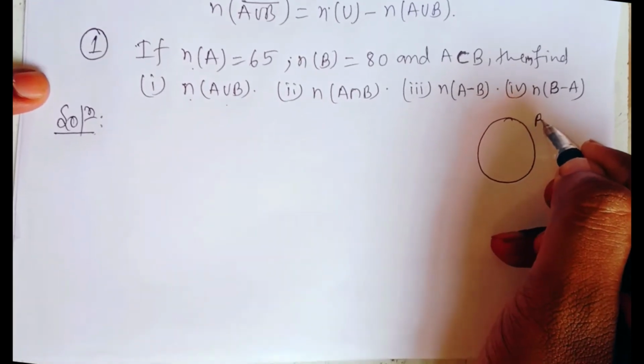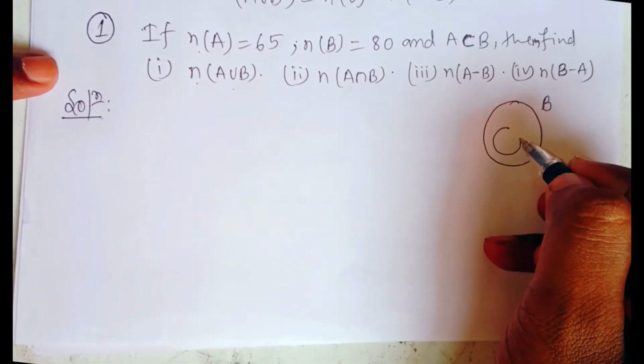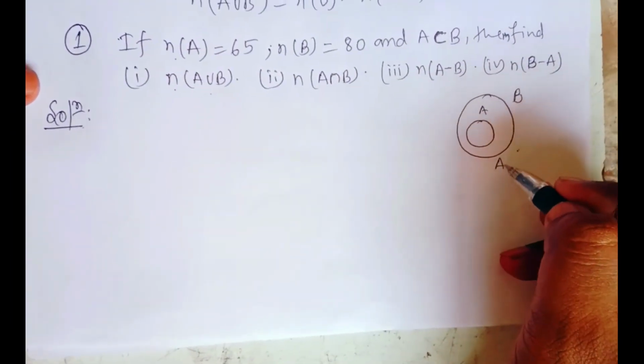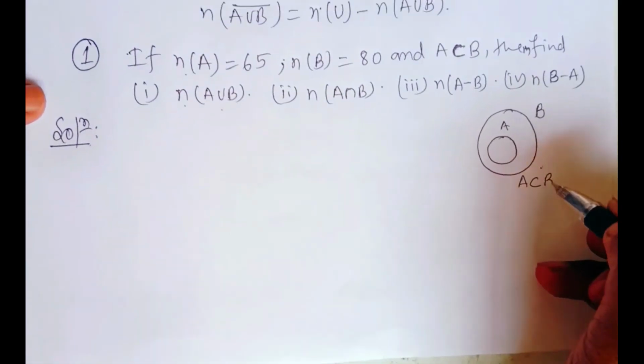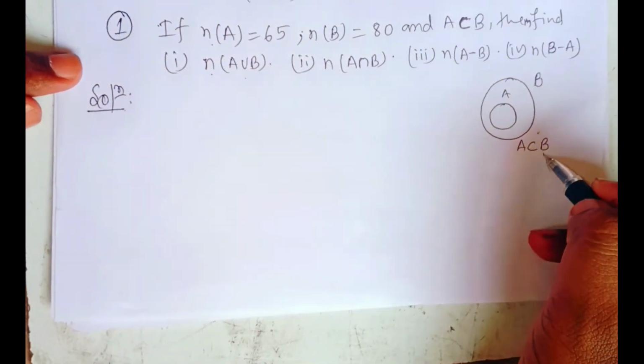Suppose this is set B and the other is set A. Since A is a subset of B, all elements in A are contained in B.